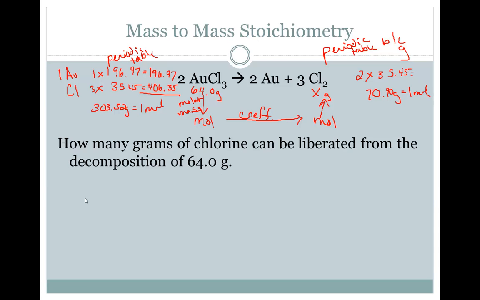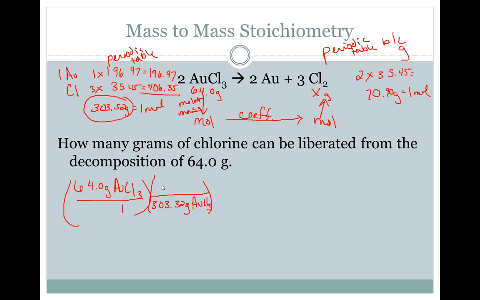Alright, so 64.0 grams. We have all our conversion factors, so we can go ahead and put this over 1. Grams of AuCl3 on top, so we're going to put grams of AuCl3 on the bottom. We calculated that number from the periodic table, 303.32, and that is 1 mole of AuCl3.